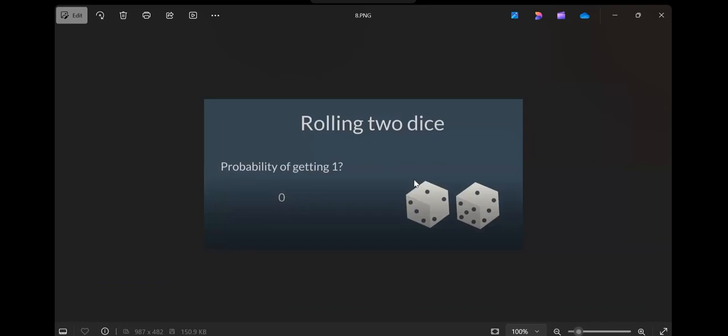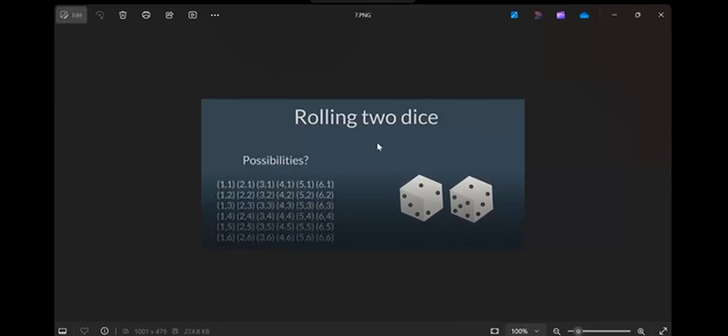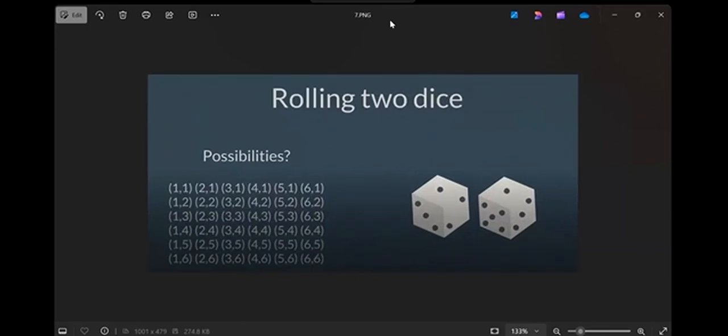What is the probability of getting 2 now? Why did you say 0 this time? Because I have two dice, you never get 1, guys. You have a minimum of 1 and 1, right? So now let's come back to the possibilities.